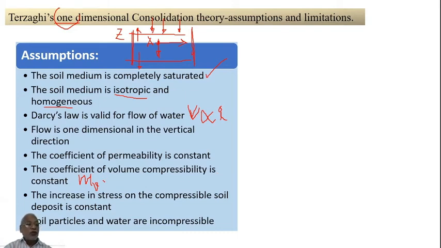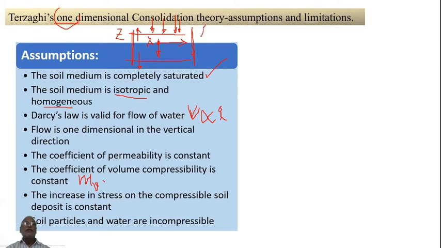The increase in stress on the compressible soil deposit is constant, in the sense that we put a load of a particular magnitude and then leave it for some time, not that we go on putting the load.